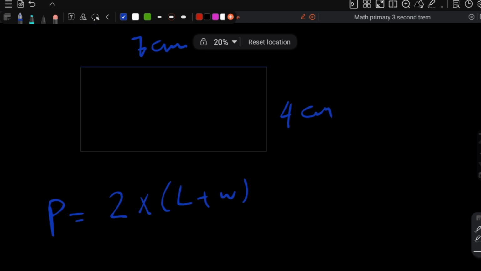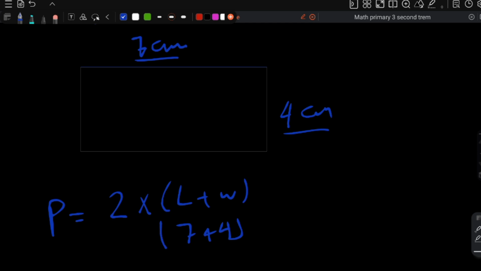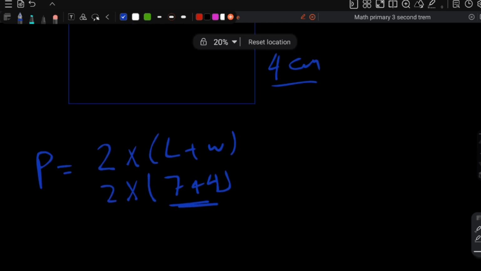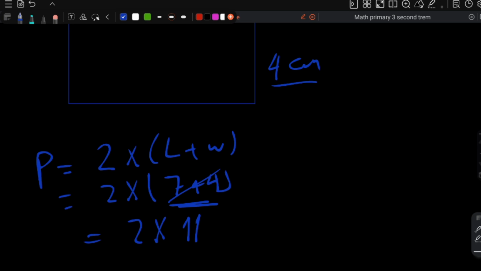So you have the length 7 plus width 4, times 2. We will start with the parentheses. 7 plus 4 will be what? Exactly 11. Times 2. So 2 times 11 will be what? 22. And don't forget centimeters.